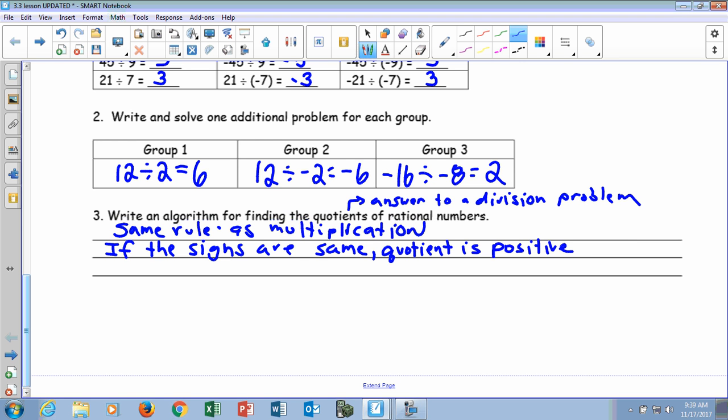Right? The answer is positive. And if our signs are different, like they were in group 2, our quotient is negative. So again, they do have the same rules. It's just a different operation, right? Multiplication to division.